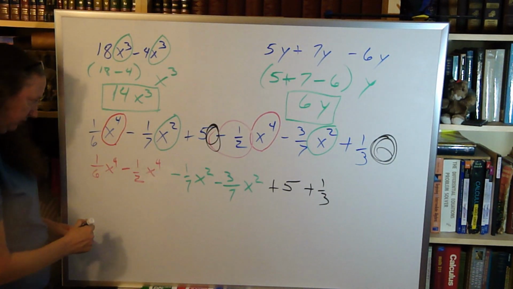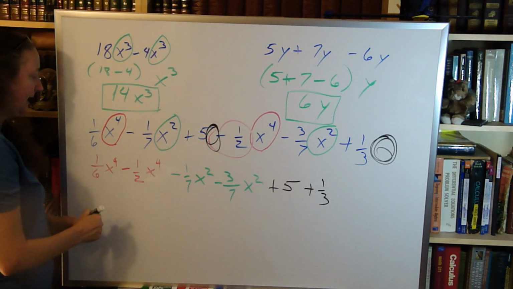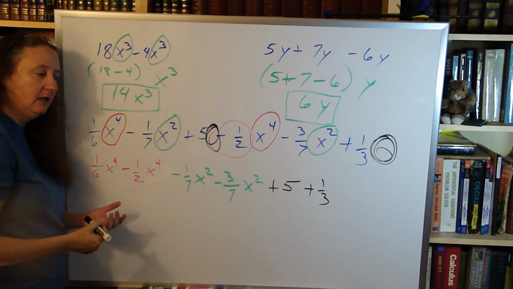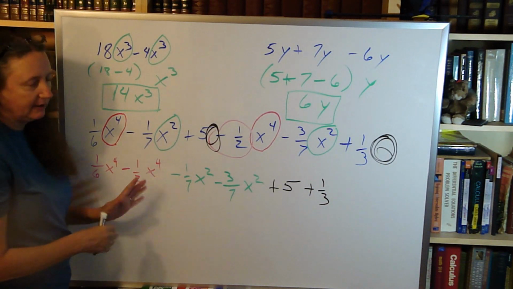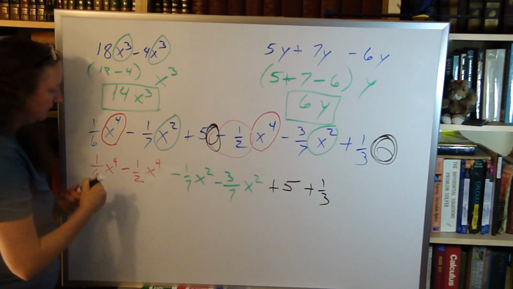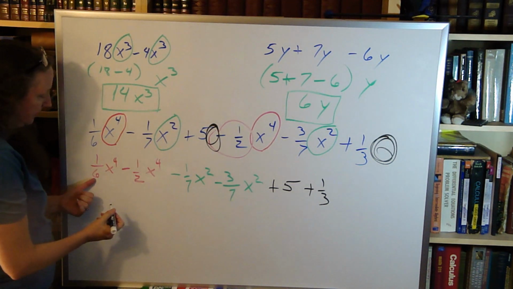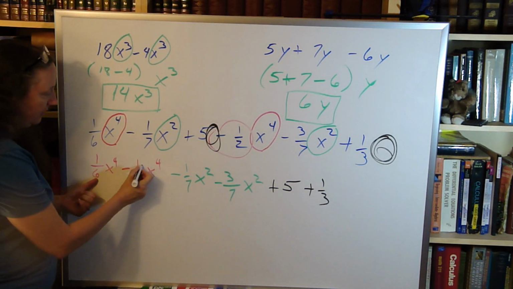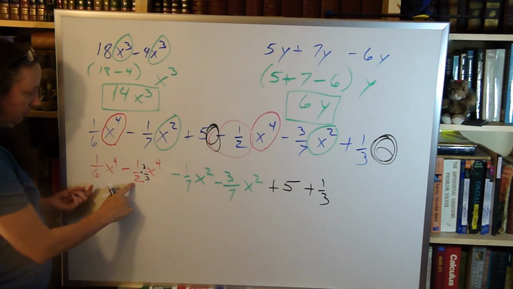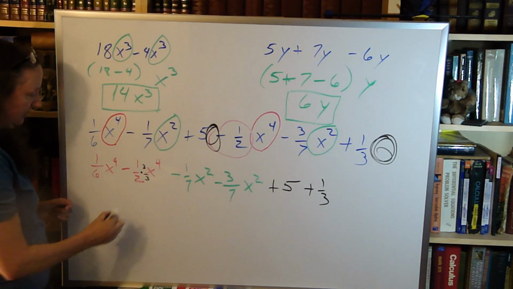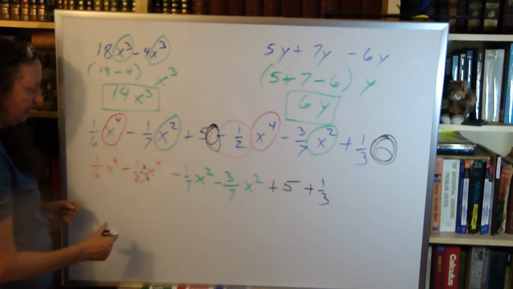1/6 minus 1/2. I need a common denominator, or if you have a fraction button on your calculator, do that. That's fine. Common denominator is 6. I have to multiply this by 3/3 to get that 6, because 2 times 3 is 6. And what I do on the bottom, I have to do on the top.